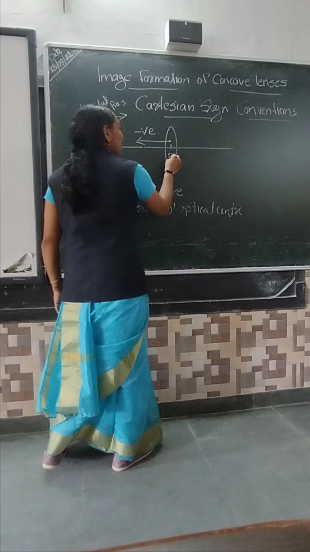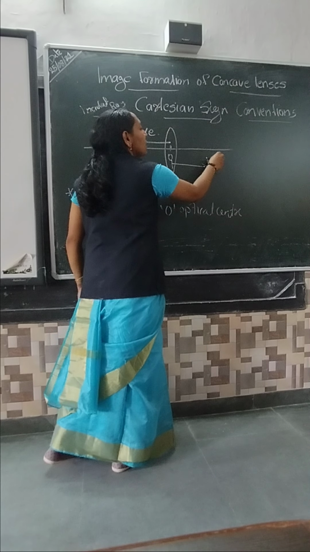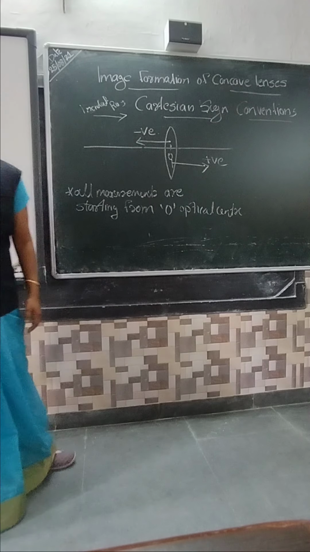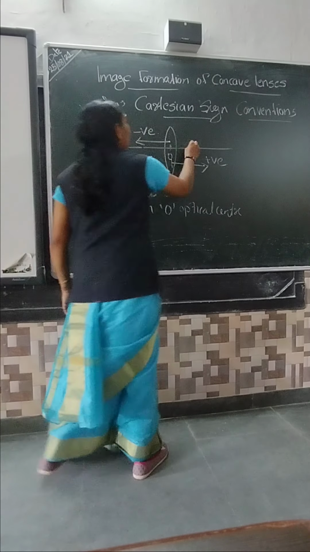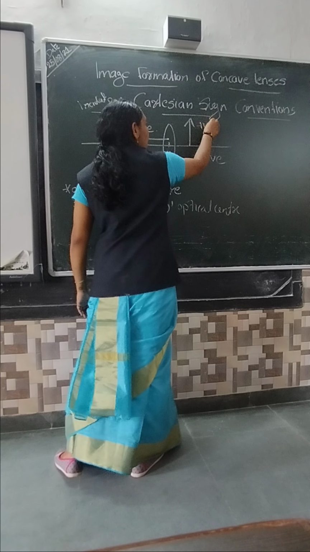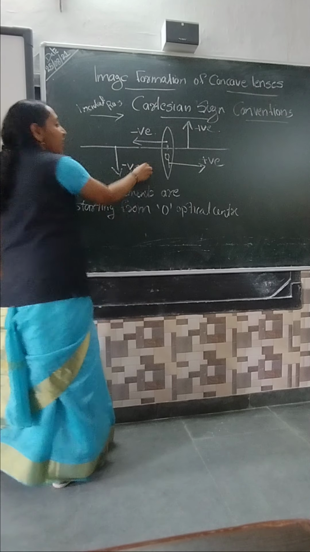If it is the same as the direction of incident ray, that is positive. This much clear? Yes, miss. If your measurement is above the principal axis, that is positive. Below the principal axis, that is negative. This is Cartesian sign convention.